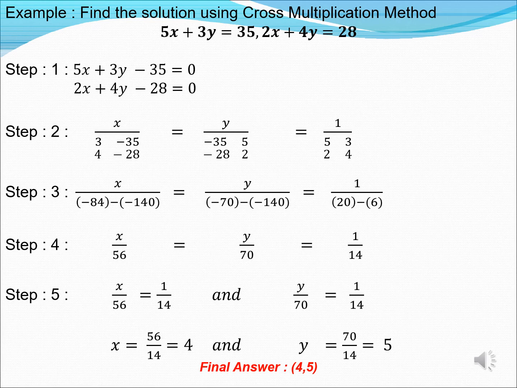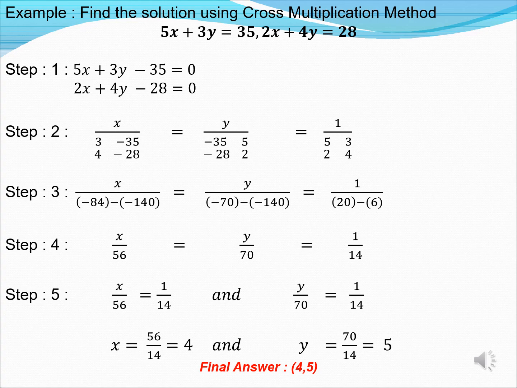Now below y we apply the same cross multiplication method and put the subtraction sign in between the two results. We get minus 70 minus minus 140. Similarly in the third ratio, for 1 upon 5 fours are 20 minus 2 threes are 6.